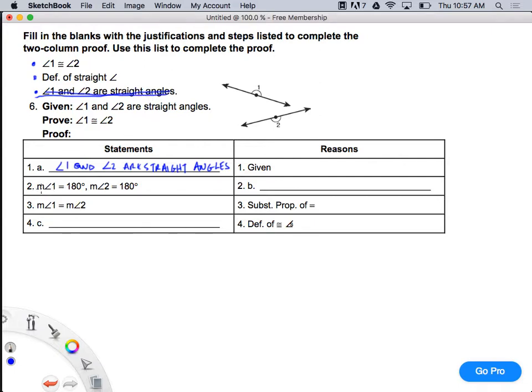The step 2 says the measure of angle 1 equals 180 degrees. The measure of angle 2 equals 180 degrees. Which one of those would go into that blank? A straight angle is 180 degrees. So that's the definition of straight angles. Okay?